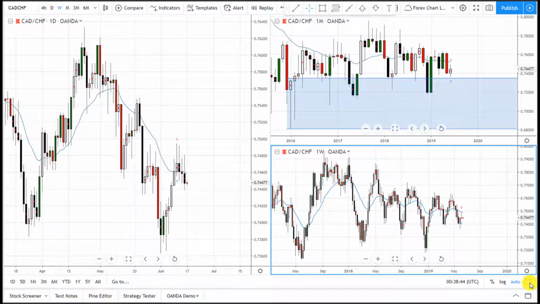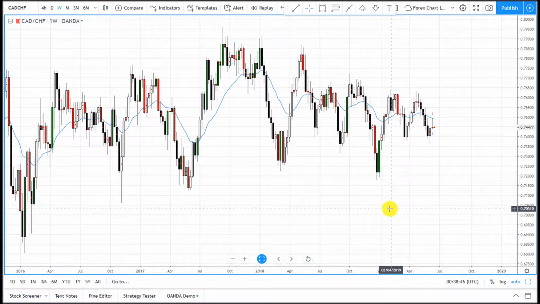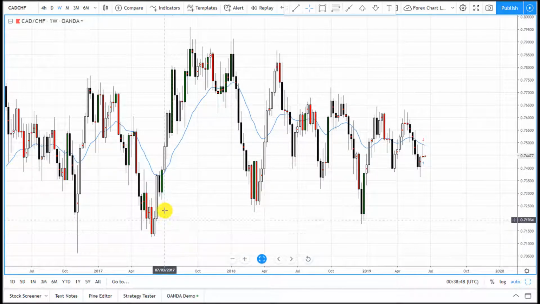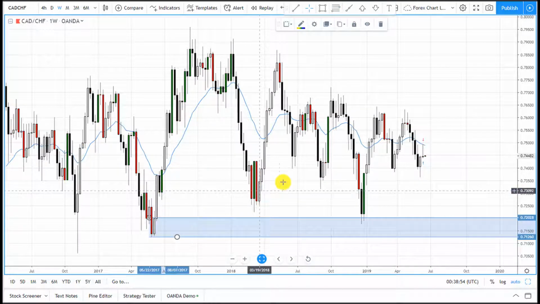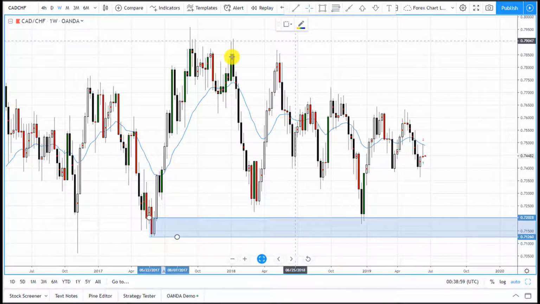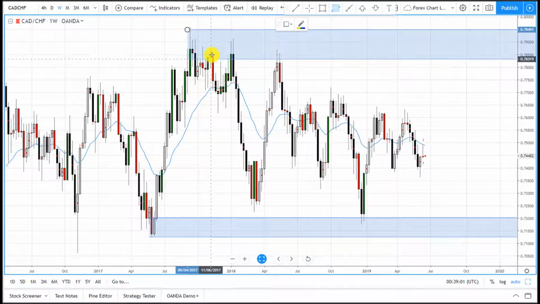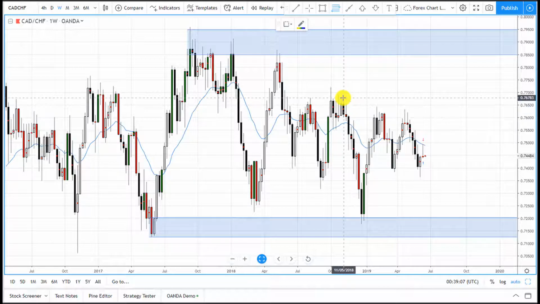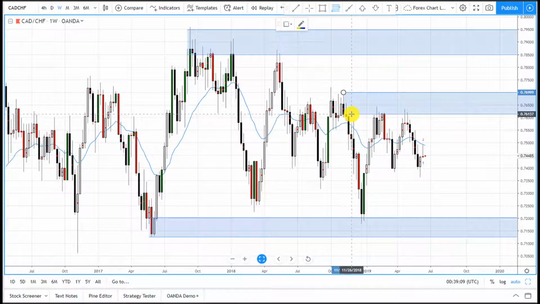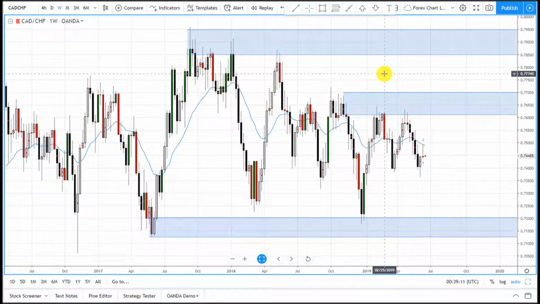And on the weekly, let's take a look. Our nearest demand zone is down here. Then we have a supply zone up here. Then the nearest supply zone we also have is right here.